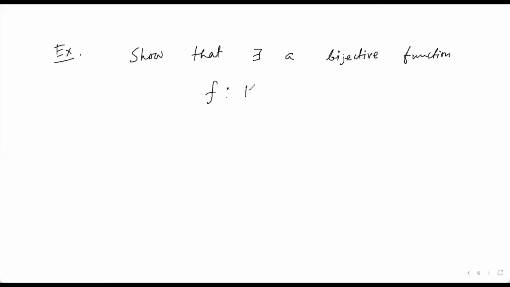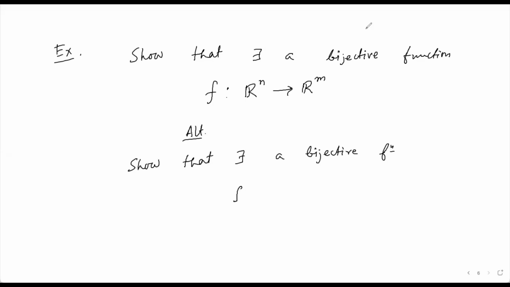So before we stop, let me give an exercise. Using Bernstein's theorem, show that there exists a bijective function f from R^n to R^n, or alternatively, it is enough to show that there exists a bijective function, let me denote it by something else, h from R to R^n.